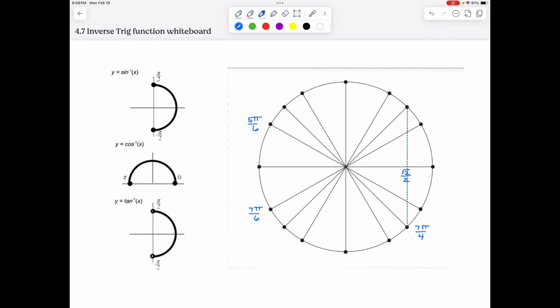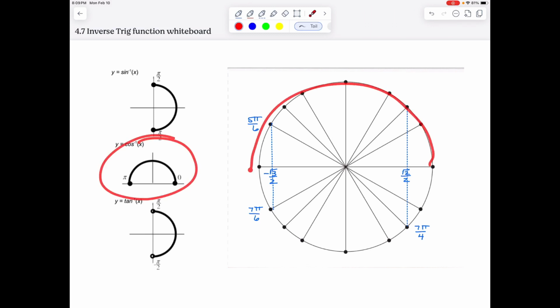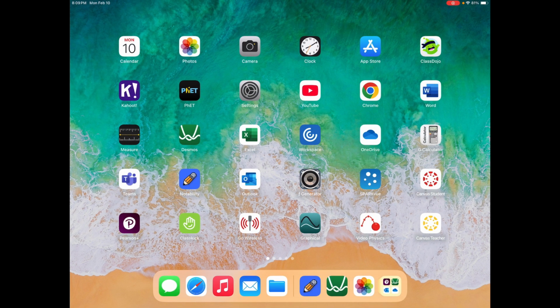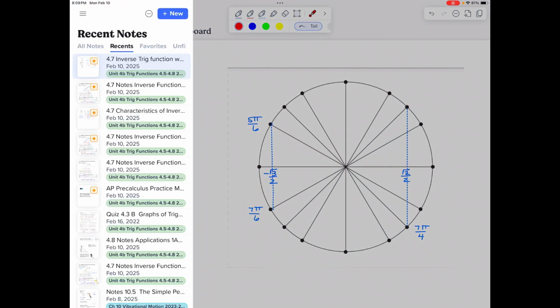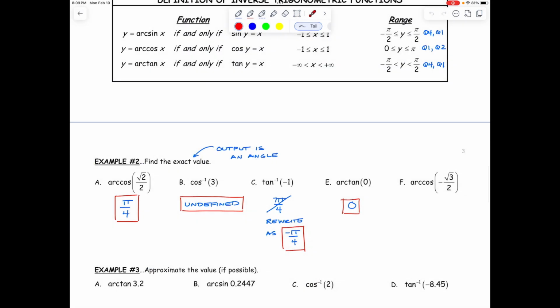That's where you're going to have a negative root 3 over 2. But if you again look at our domain restrictions here, for cosine it needs to be in the first and second quadrant. So we're just going to report out the 5 pi over 6. And your calculator is programmed for these values. We'll see how that plays out when we start doing a little bit of calculator work.